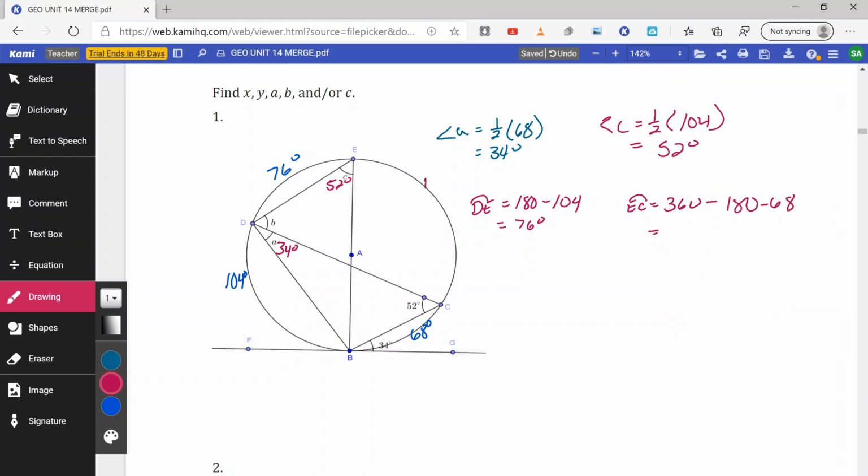So we got 112. And again, angle B is an inscribed angle, EDC. Inscribed angles are half of the intercepted arc. So angle B is going to be half of 112.